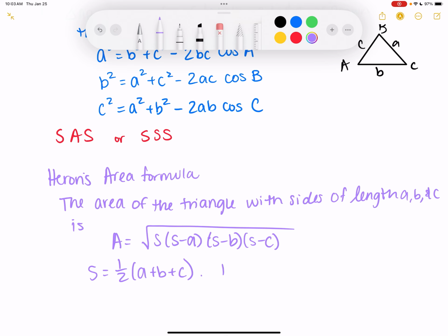The variable S is called the semi-perimeter, or half perimeter of the triangle.